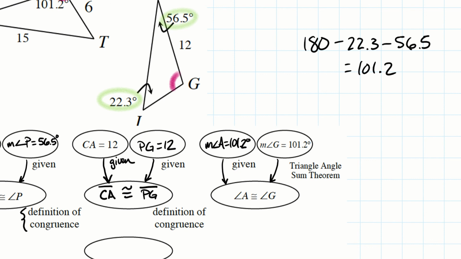So therefore, the angle G has to be 101.2 because of the triangle angle sum theorem, which, again, from a few sections ago, just states that the three angles in a triangle always add up to 180 degrees.